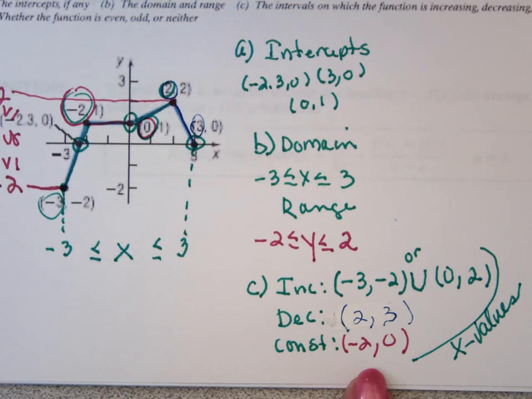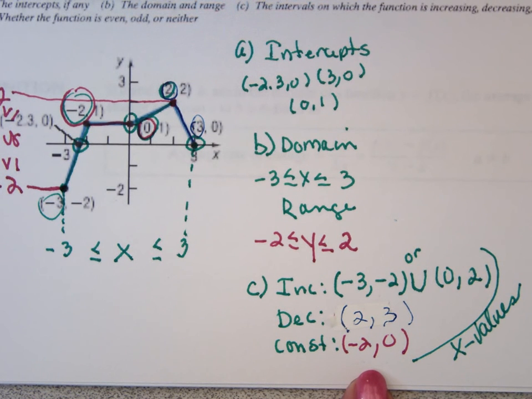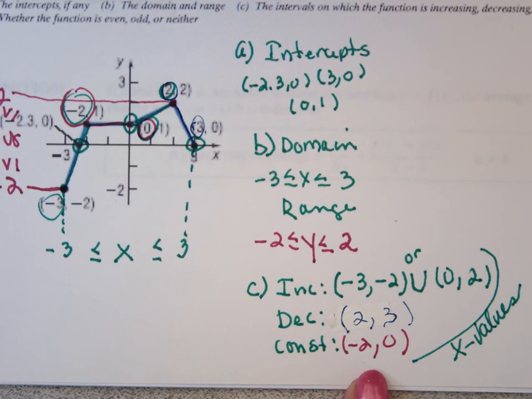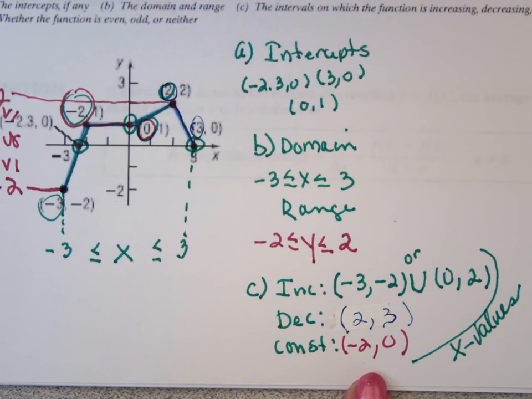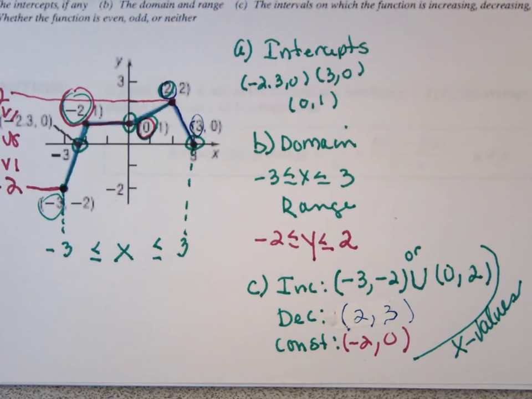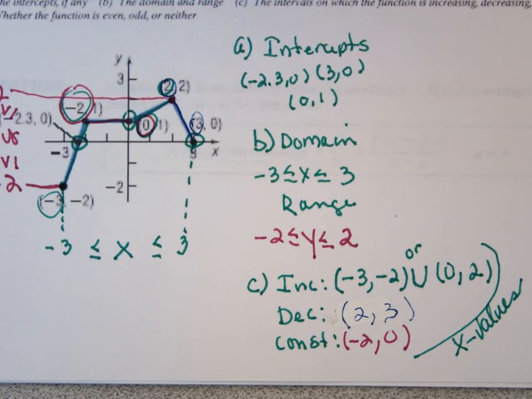You give me an x value between negative 2 and 0, and the y value will be on the flat piece. These are always x's. And you talked about the next exam. One of the most missed questions is increasing and decreasing because you write the intervals using y instead of x.